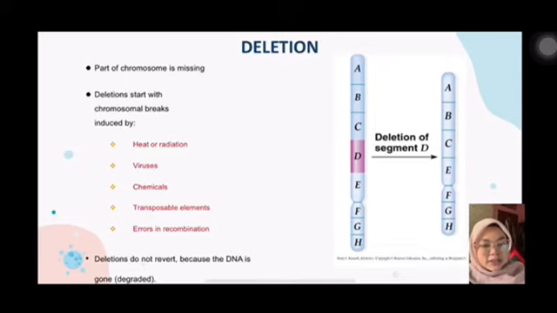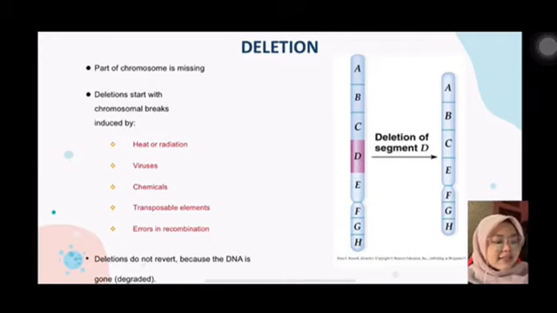Deletions do not revert because the DNA is gone or degraded. As you can see from the figure, the segment D is deleted from the chromosome, and soon it will form a chromosome without segment D.